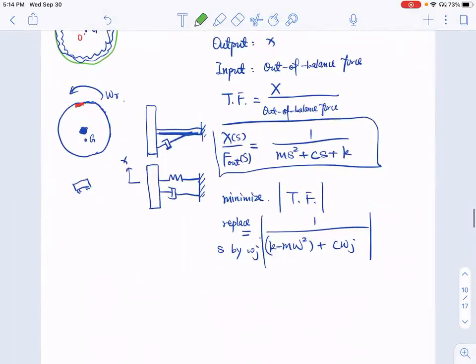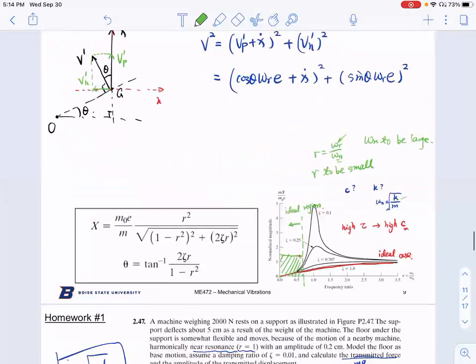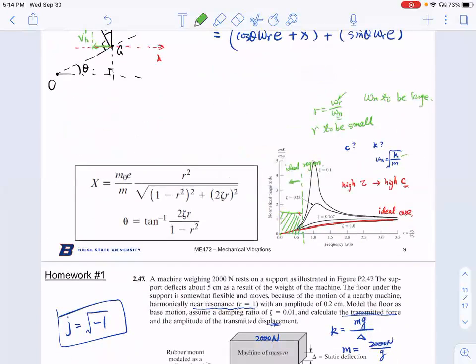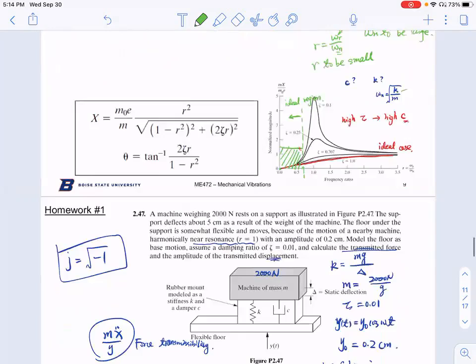So any questions related to unbalanced rotation? I don't have a question on this concept. Although for the homework 1, I was kind of confused a little bit still about.